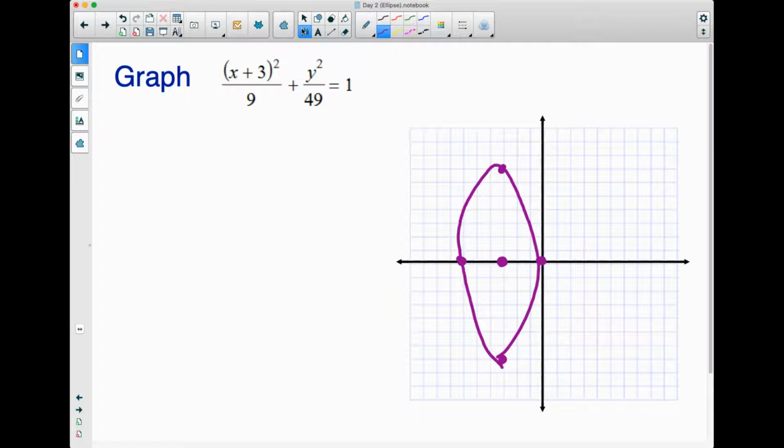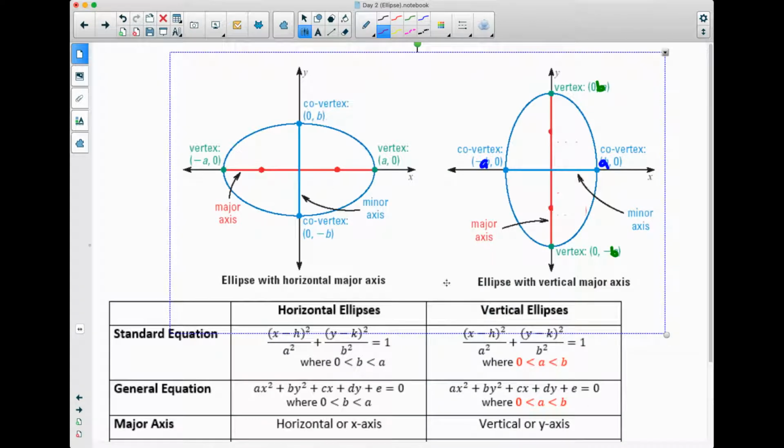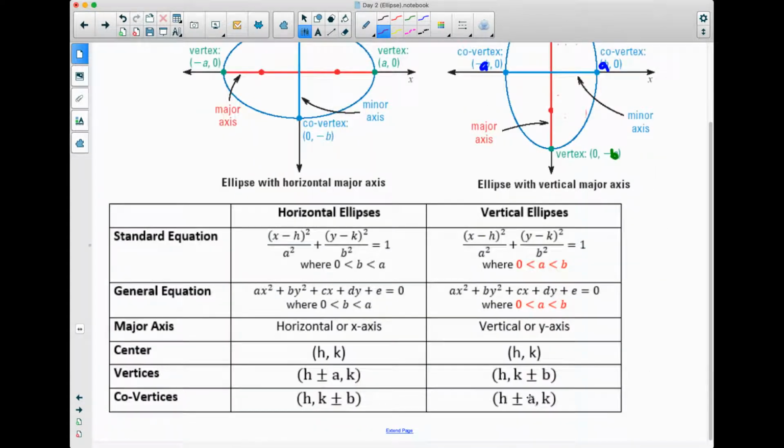So you could remember all these things down here, like taking H plus or minus A, plus or minus B, and all of these things. But I would highly suggest just graphing it.